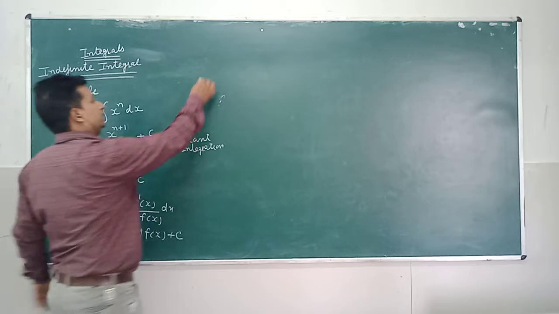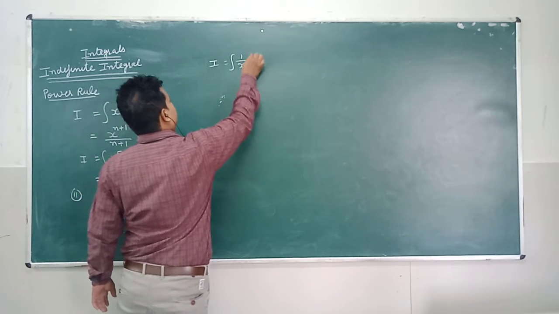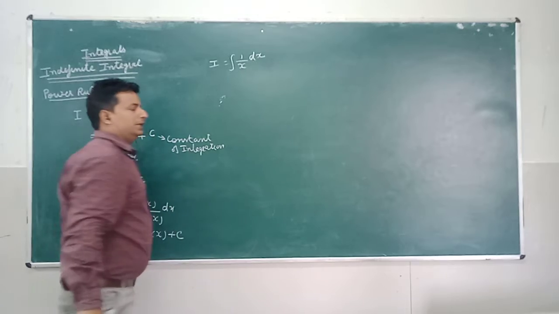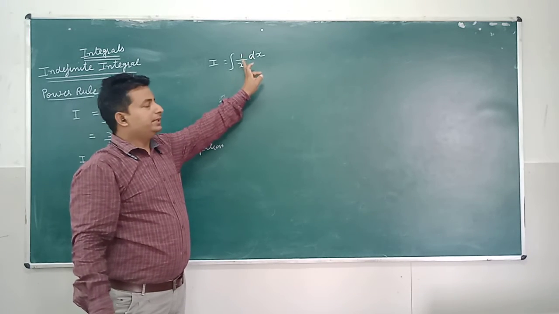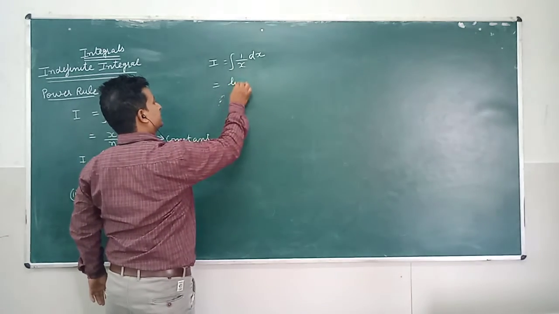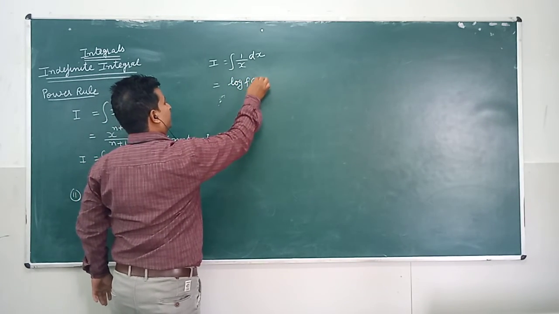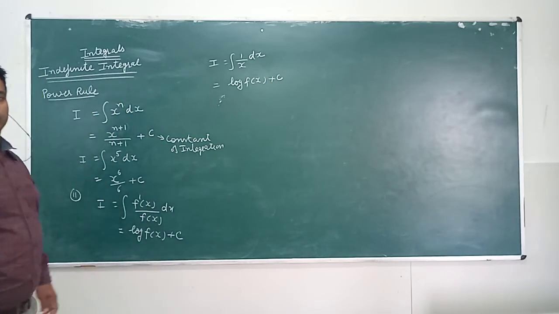For example, if we have the question I is equal to integral of 1 upon x, the derivative of x is 1. So its integration is log of x plus c. This is the integration of 1 upon x.